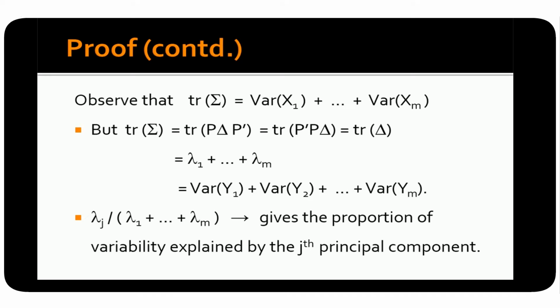So, the sum of the variances of x is equal to the sum of the eigenvalues, and remember that the eigenvalues give you the variances of the y's, and therefore, this is equal to the sum of the variances of the y's.